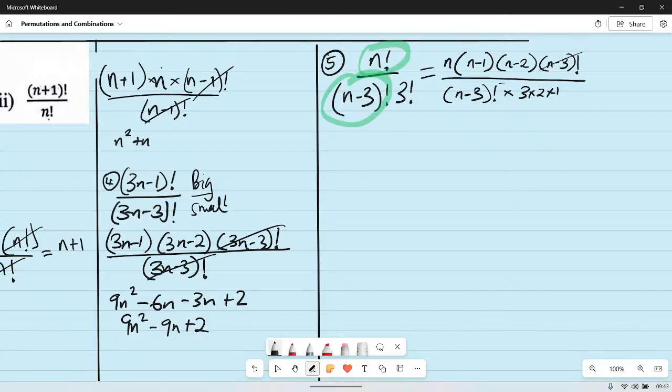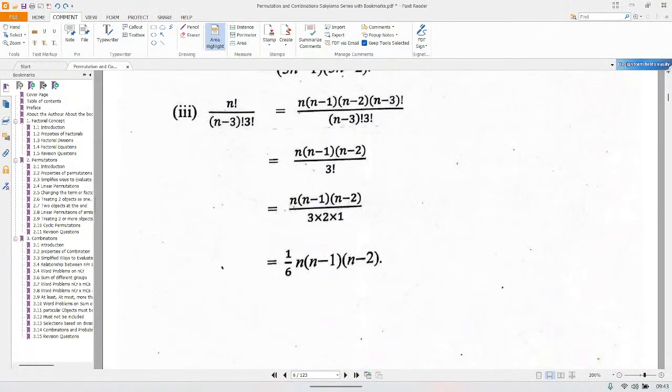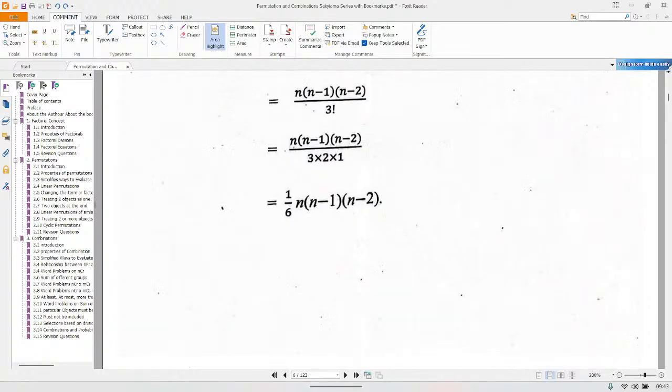Now this cancels this. And now simplify the ones at the top. It's going to give you a cubic function. So you can even leave it that way: n(n minus 1)(n minus 2) over 6.